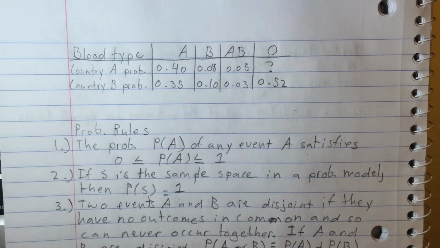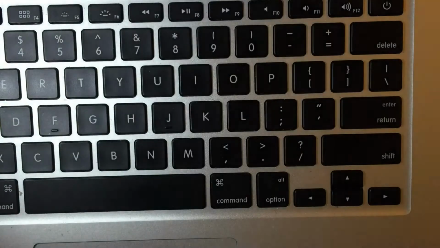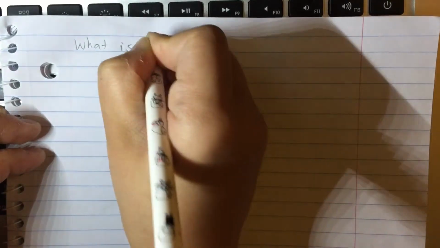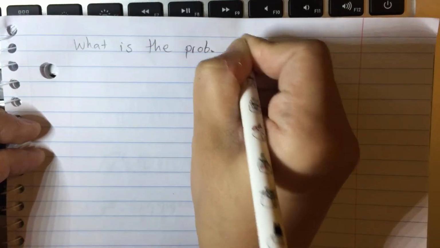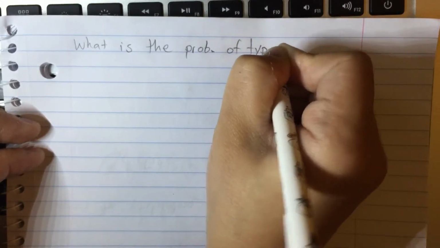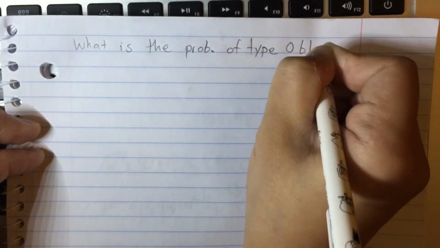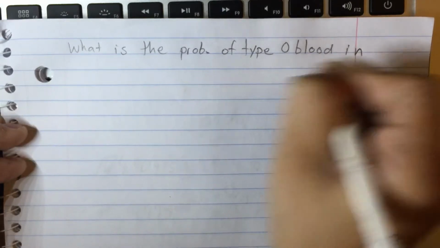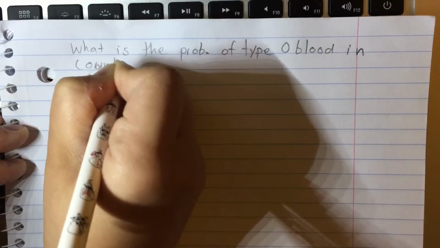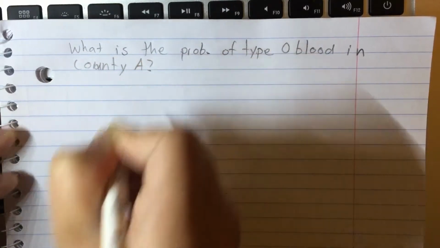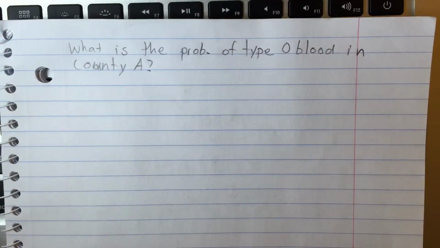What is the probability of type O blood in country A?